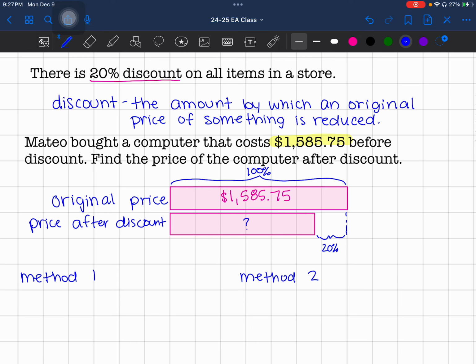So what is this percent? The item is actually how much percent of the original price? Well, to figure that out, we have to do 100% minus 20%, which equals 80%.